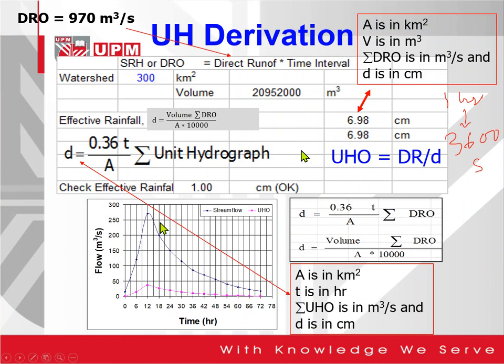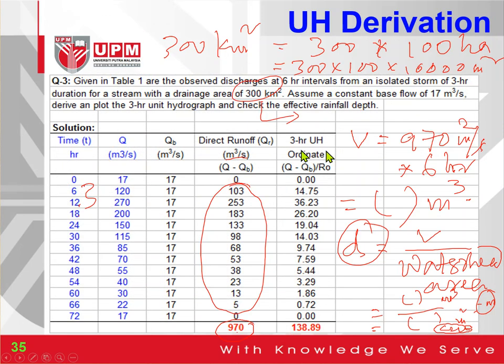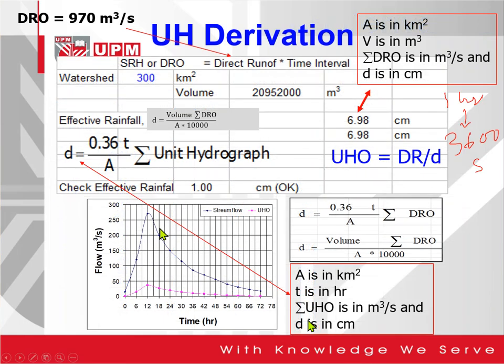So meaning that this unit hydrograph is for 1 centimeter. Okay, this is the 1 centimeter. So this is called checking whether the unit hydrograph derivation is correct.